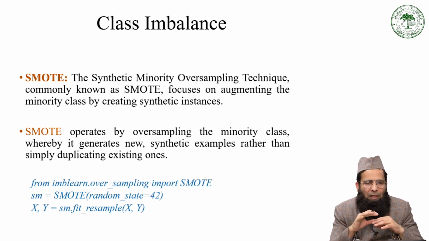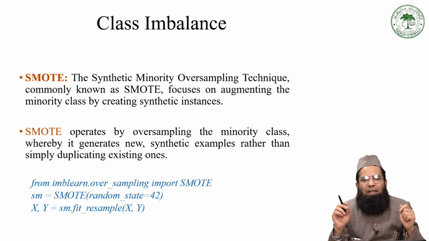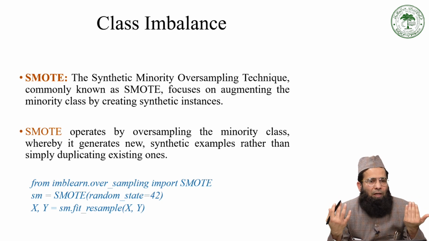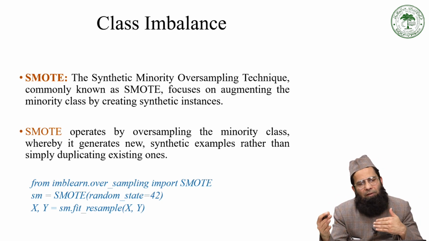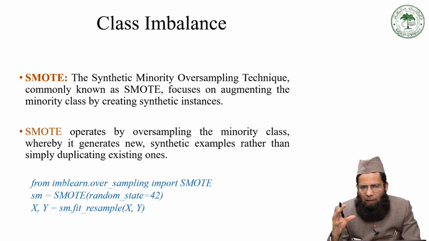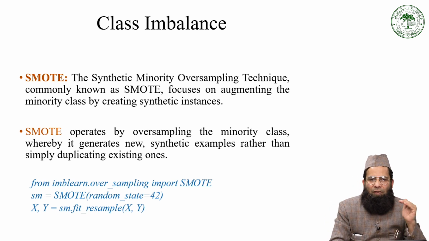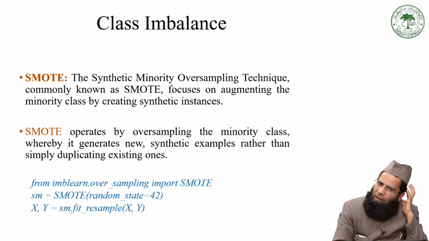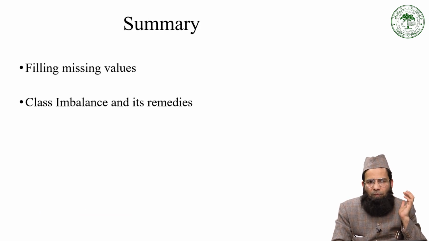It generates the new ones on the basis of methods that identify how one record is related to another record, the relationship between different records. In this way, it creates the new instances.